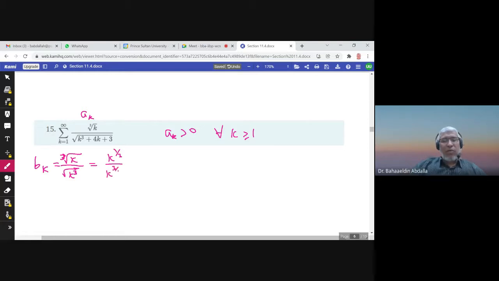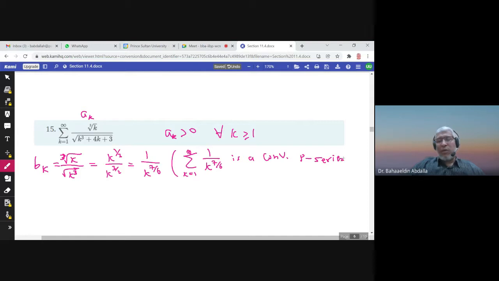This is k to the power 3 over 2. 3 over 2 minus 1 over 3 is 7 over 6. Now the summation of 1 over k to the power 7 over 6, from 1 to infinity, is a convergent p-series because p is 7 over 6 and this is greater than 1.